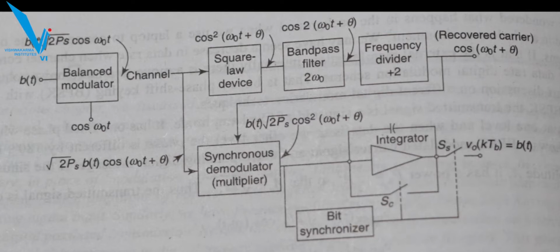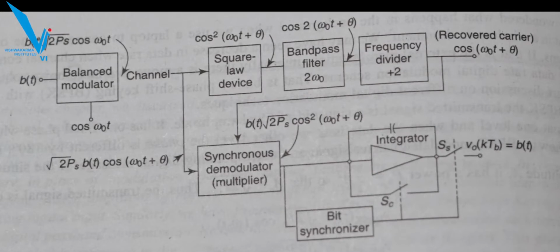The equation for the received signal is under root of 2 Ps b of t cos of (omega 0 t plus phi), which is multiplied by the retrieved carrier, which is cos of (omega 0 t plus phi). So when you multiply this in the synchronous demodulator, the output is b of t under root of 2 Ps cos square (omega 0 t plus phi).